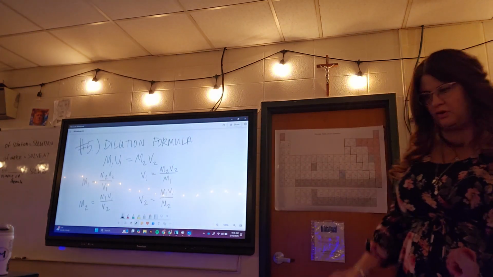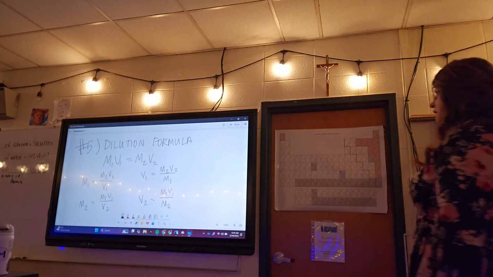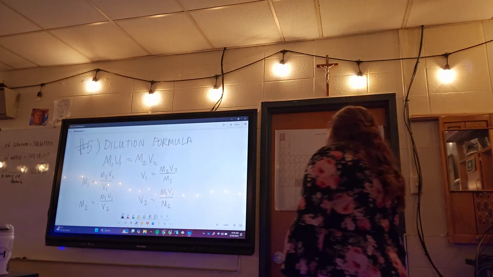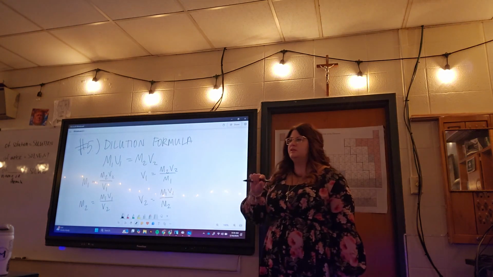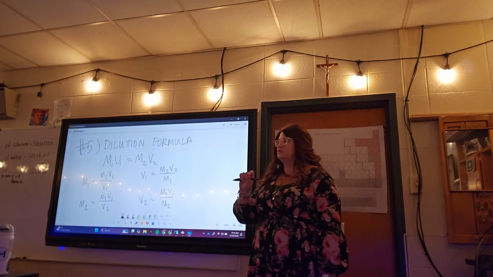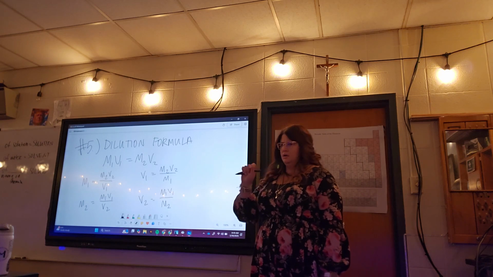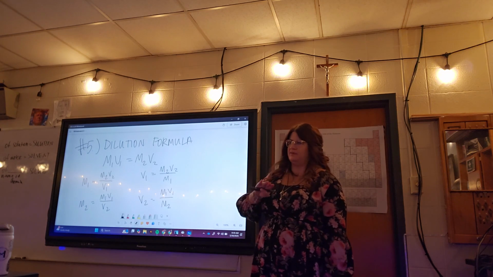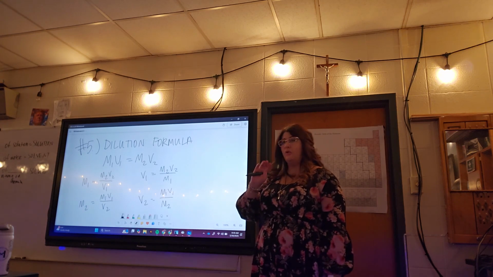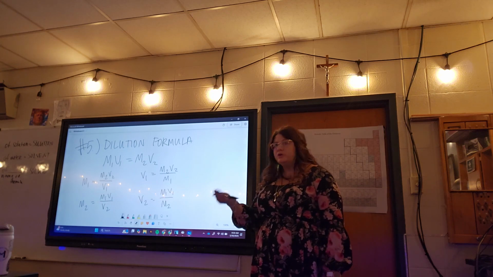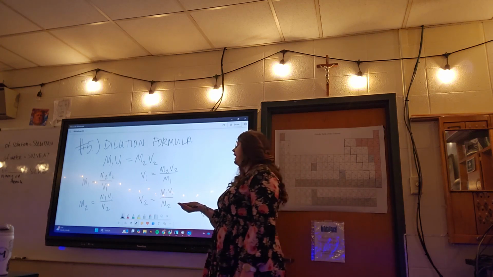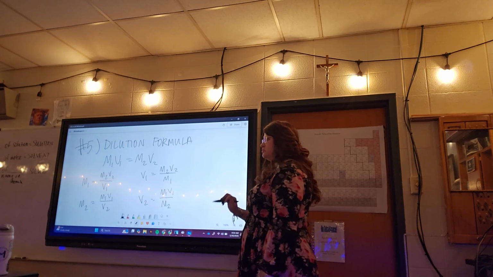We've already used something almost identical to this. The only thing that's tricky with the dilution formula is that it's a little bit more difficult to choose what is M1 and V1. Before, when we were using Na and Va, you could always look for the compound, and if you knew if it was an acid or a base, you would know which N or which V you had. This is a little bit trickier.